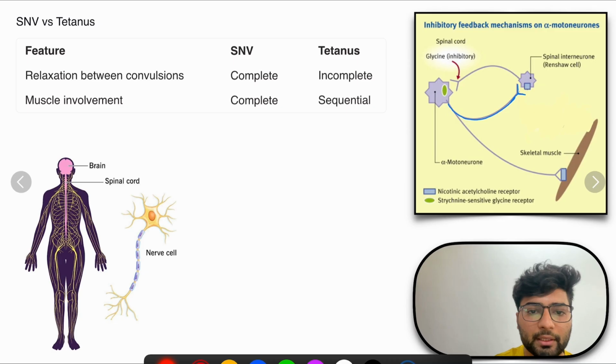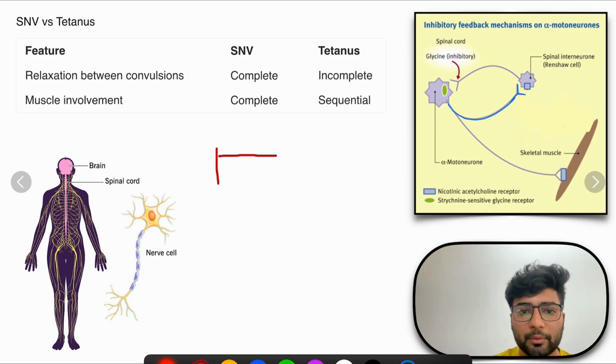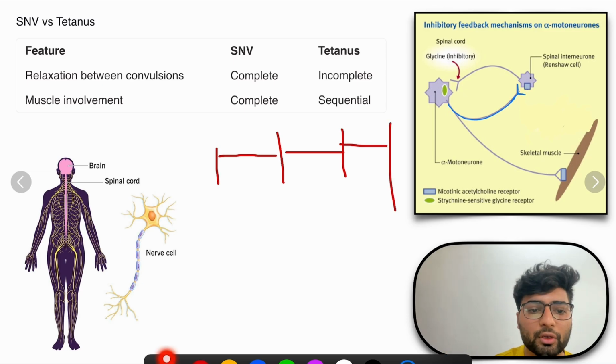Let's say at t equals 0 there is a convulsion, then after some time there will be relaxation, then again convulsion. This is a feature of strychnine poisoning, that there is complete relaxation between convulsions. This does not happen in tetanus. Why? Because the tetanus toxin which the bacteria releases binds irreversibly to these nerves.